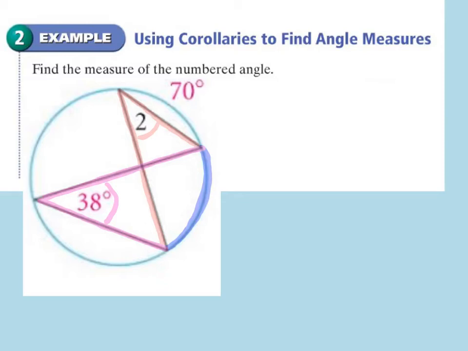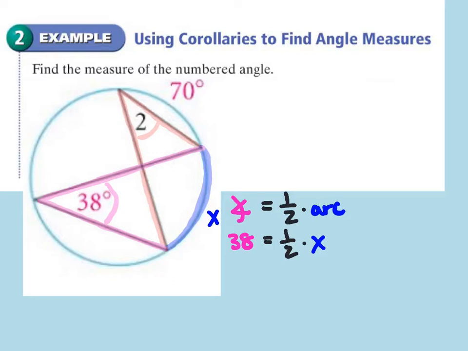So if I were to use that, using the relationship, we know that the angle equals 1/2 times the arc. So we could say that the angle of 38 equals 1/2 times the arc, which we don't know, so I'm going to call that x.